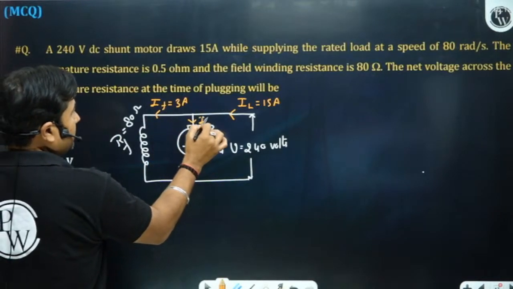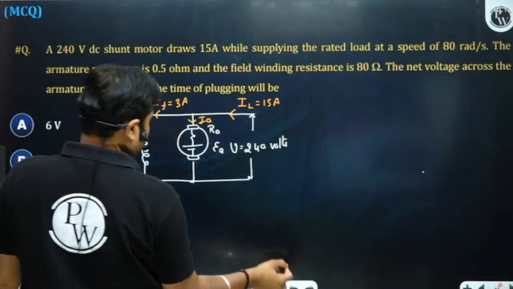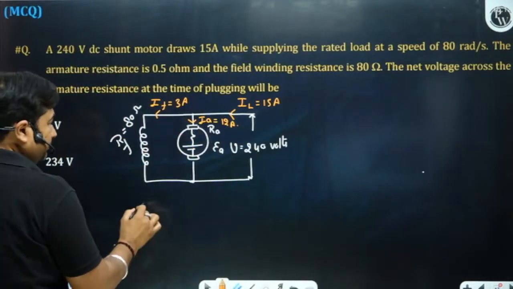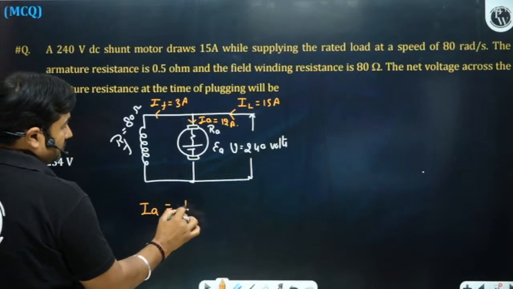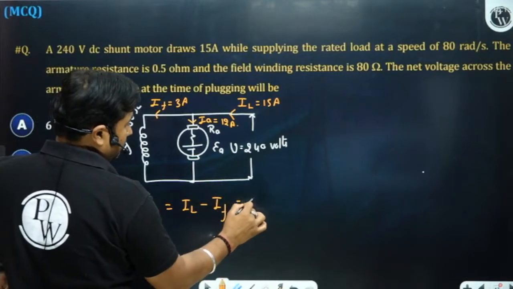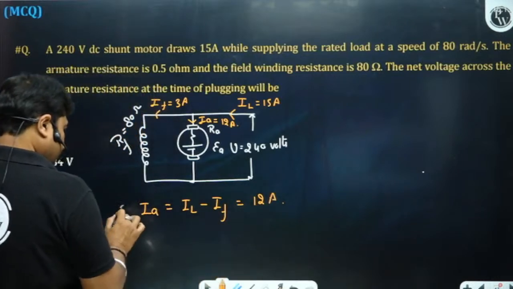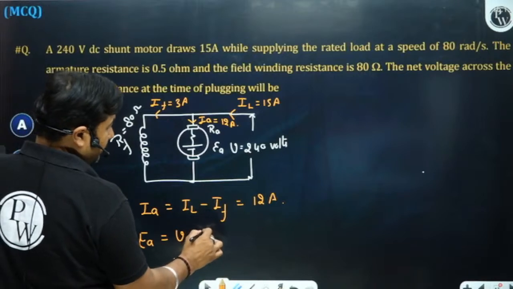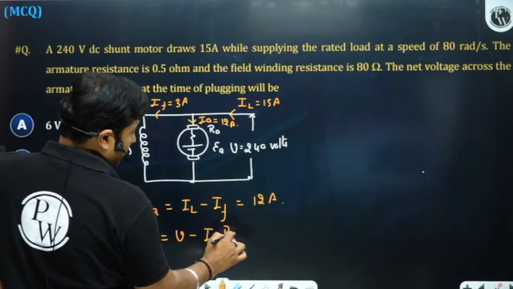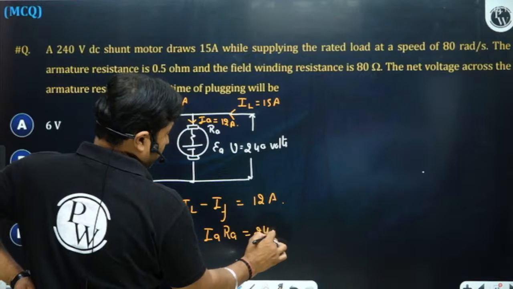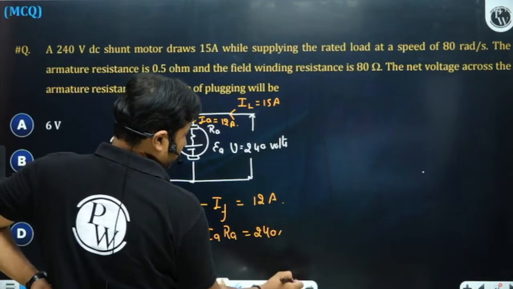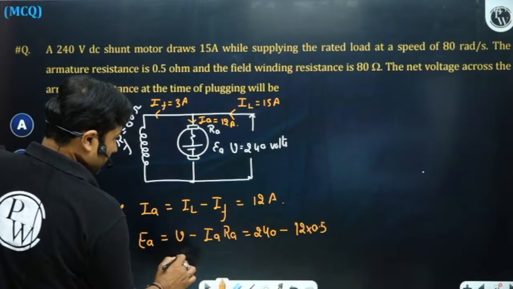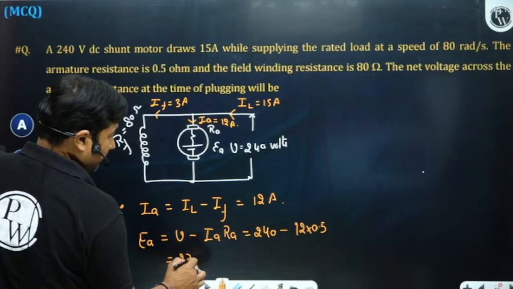So the armature current is 12 ampere by KCL at this point. Induced EMF is V minus IA RA, 240 minus 12 into 0.5, that will become 234 volts.